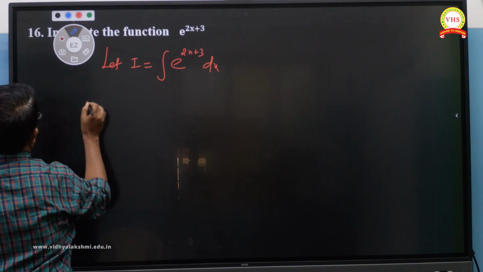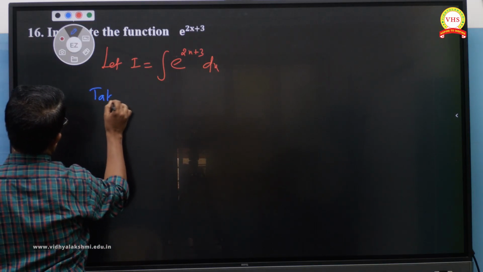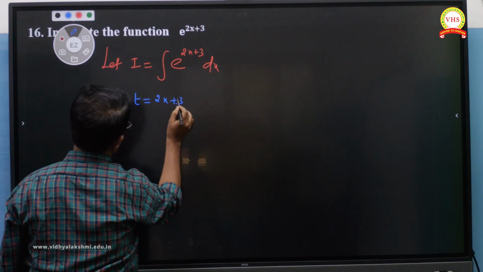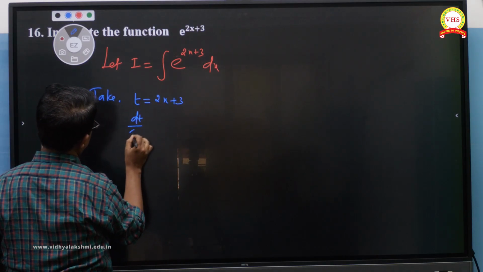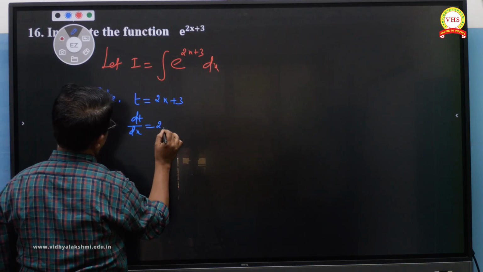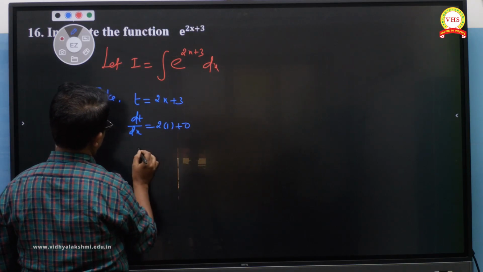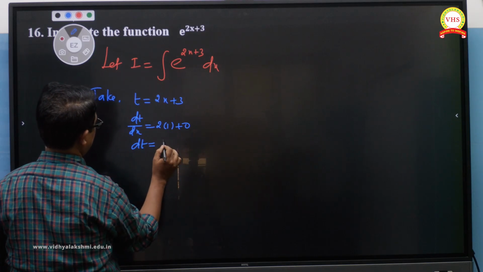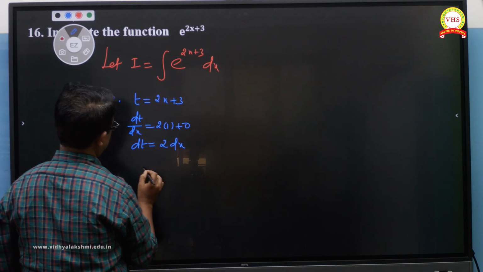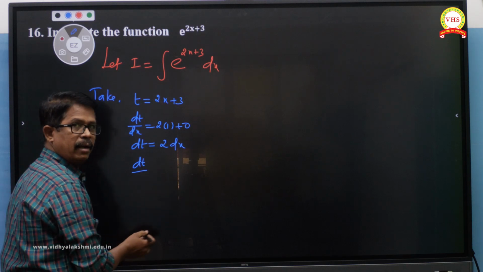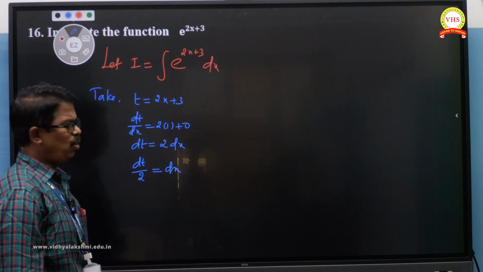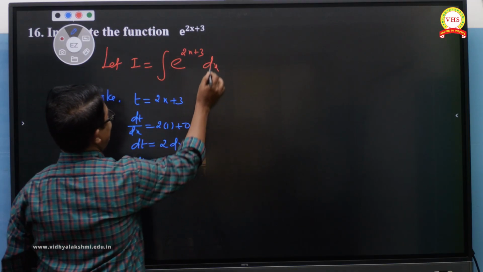Now take the alternate variable t equal to 2x plus 3. Then dt by dx, or directly we can write, no problem: dt equals 2 into dx. Now dt by 2 equals dx. Now look at this, only dx.